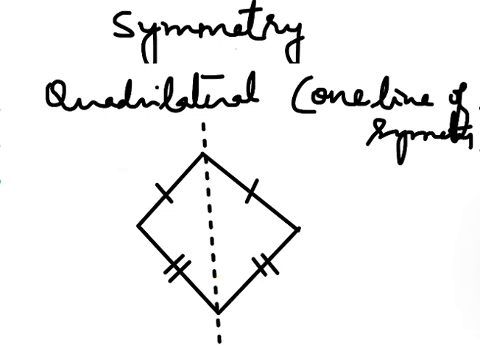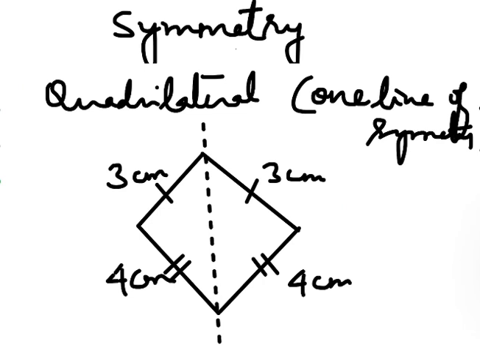So here, in this case, we cannot say that it's symmetrical about the x-axis, because if we have to give some dimensions, this side will be 3 centimeters, this side will be 3, this side will be 4, and here would be 4. So it's not going to be symmetrical about the x-axis, but this will be symmetrical about the y-axis only.